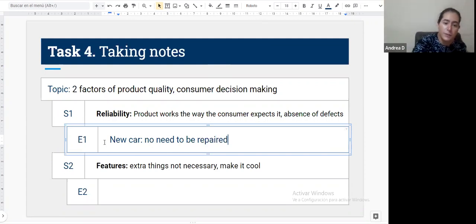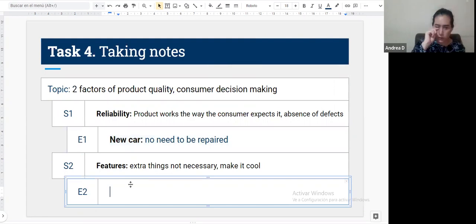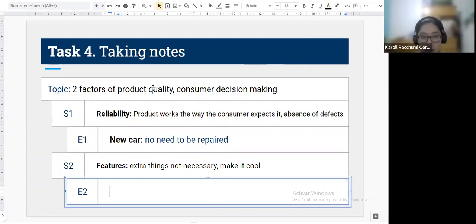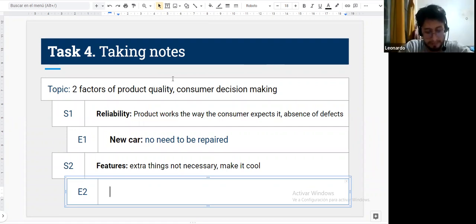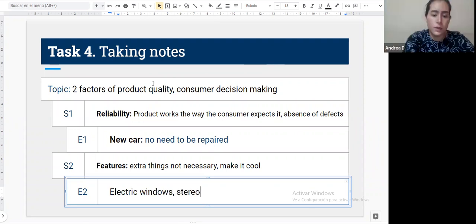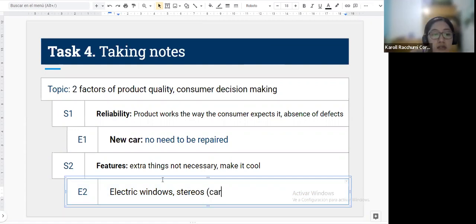Anything else for the example? Okay. And what about the second example? What is the example for features? Electric windows, stereo. Great. Those are the features of a car. Awesome. So this is kind of how it should be.